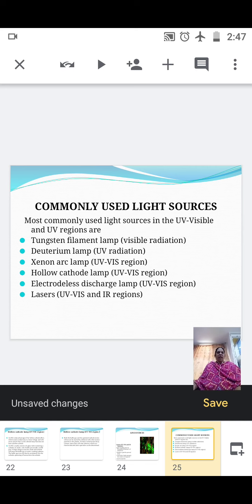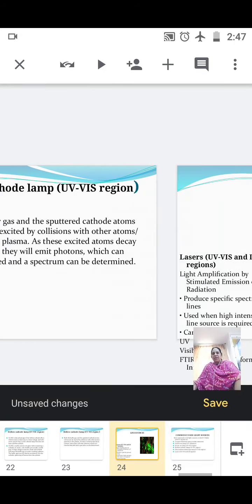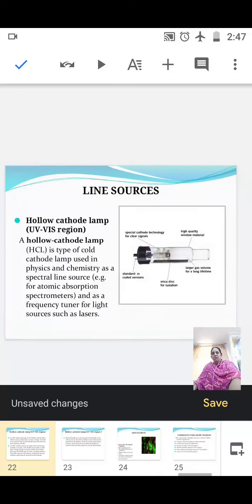So we have studied hollow cathode lamps, and we have studied the three types of line sources.